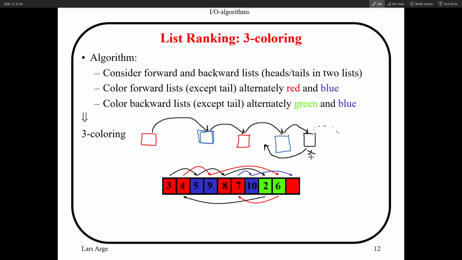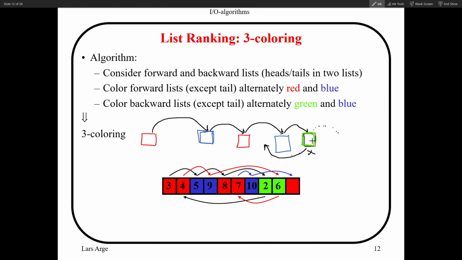So this is going to be the starting point of a backward list, which means that it will be colored green. So therefore this blue element will always be pointing to either a red element or a green element. So therefore the blue elements are independent sets.